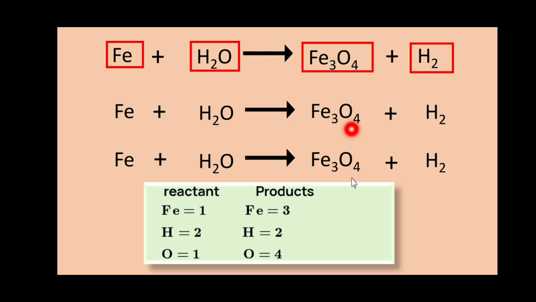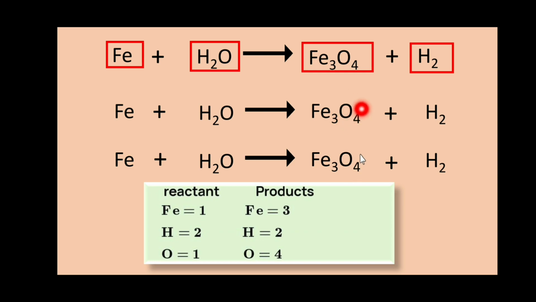In this equation, Fe3O4 is the compound that has the maximum number of atoms, and hence we have to start with this compound. Here in this compound 2 elements are there, iron and oxygen.